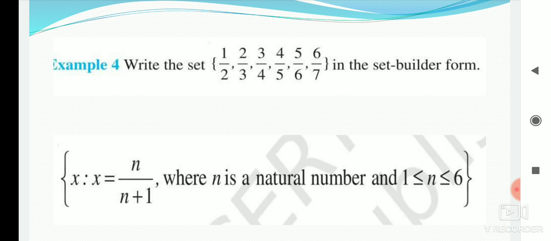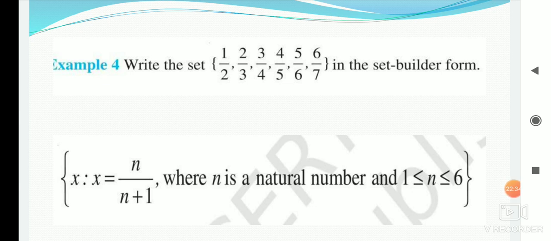That is, the numerator has to be between 1 and 6, a positive integer and a natural number. Those two properties are written here, where n is a natural number as well as 1 less than or equal to n less than or equal to 6. This is the way you can represent this example in set builder form.